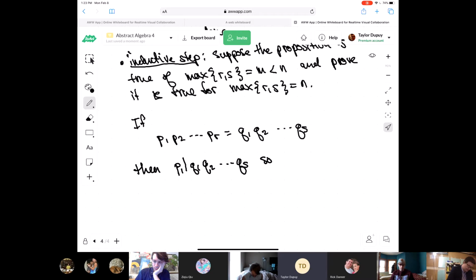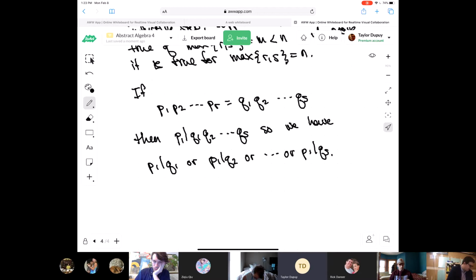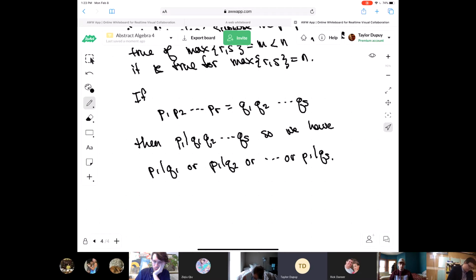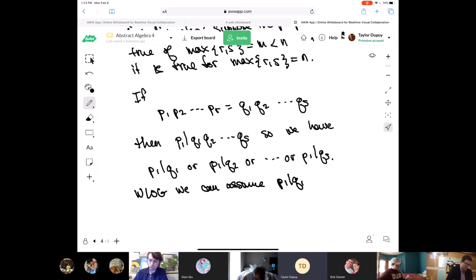So P1 divides Q1, or P1 divides Q2, or P1 divides QS. By relabeling if necessary, without loss of generality, we can assume P1 divides Q1. We can just reindex the Qs if we wanted to.